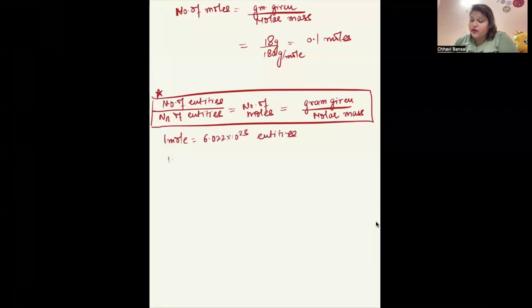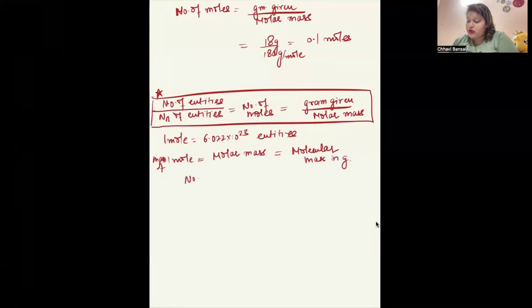What else we studied? 1 mole is also equal to molar mass. Mass of 1 mole is also equal to molecular mass in grams, right?